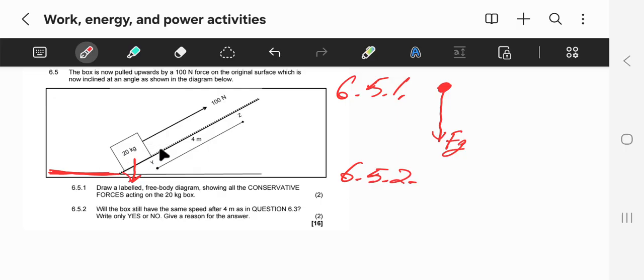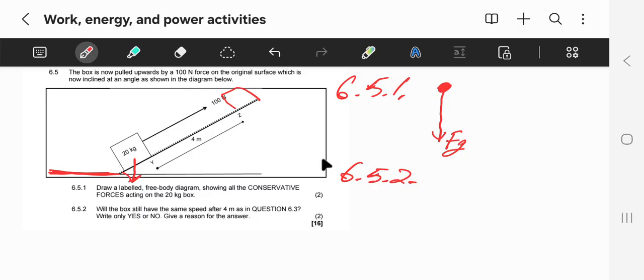However, as the box moves upwards and it has moved for a displacement of 4 meters, it will reach this point here. And when it reaches this point here, it means our kinetic energy is going to decrease, right? And if our kinetic energy decreases, that means that we will have negative work done, as the object will no longer be moving, right?